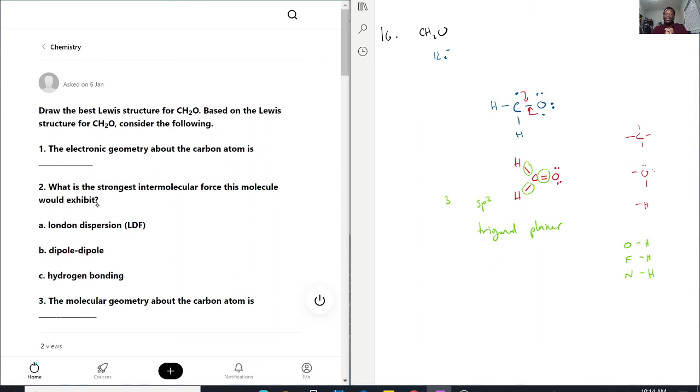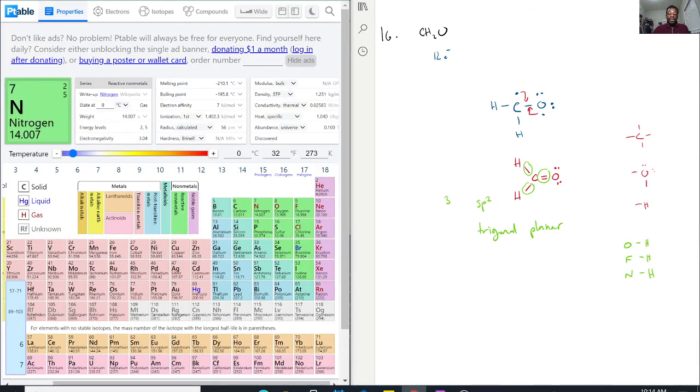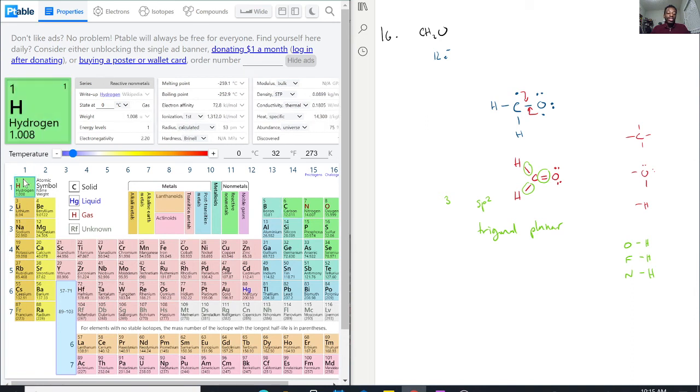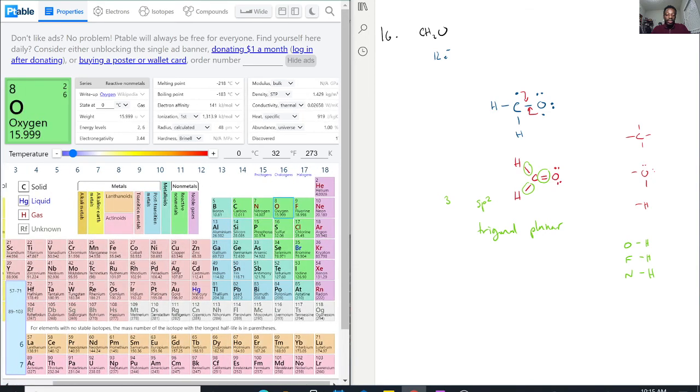Now dipole-dipole, that one is a little bit more intricate. That one is based on the electronegativity difference. So between carbon and hydrogen, carbon is 2.55, hydrogen is 2.20, so the difference is 0.35. Those types of bonds are typically considered non-polar covalent bonds, so they're non-polar. But oxygen has 3.44. So let me just do the math, 3.44 minus 2.55, there's a 0.89 difference.